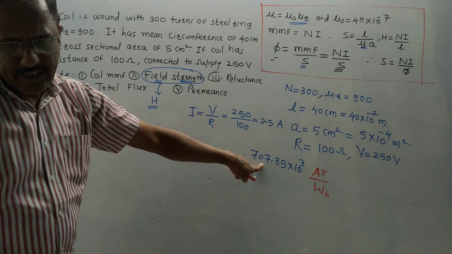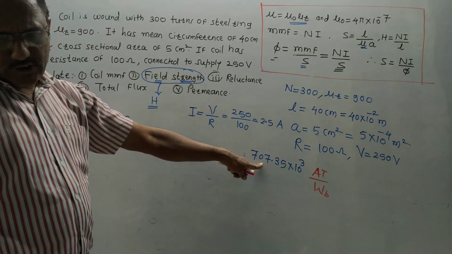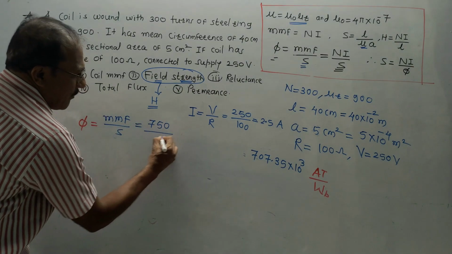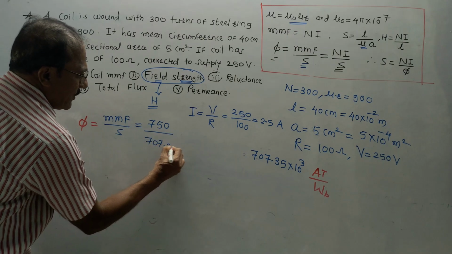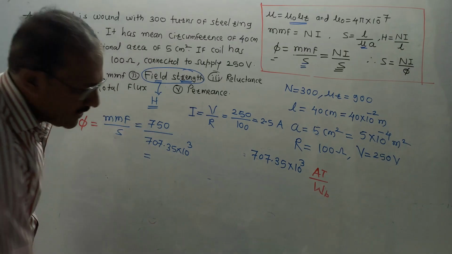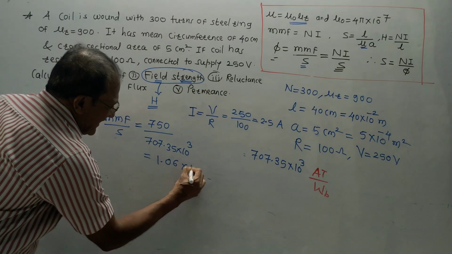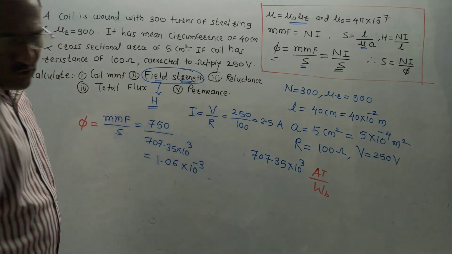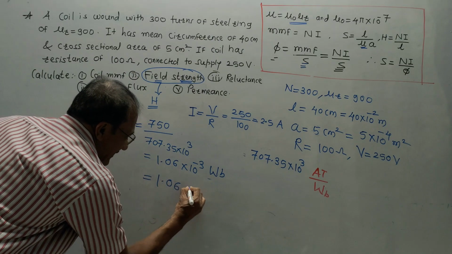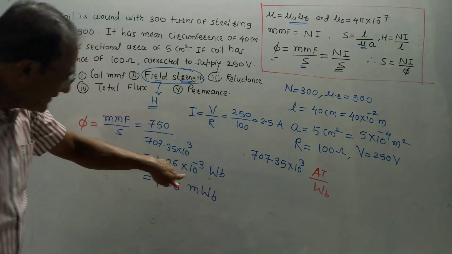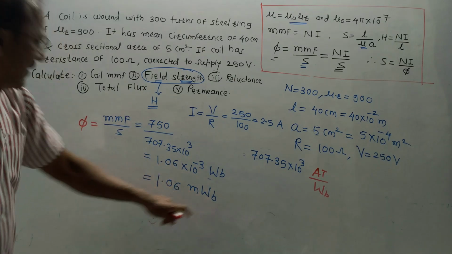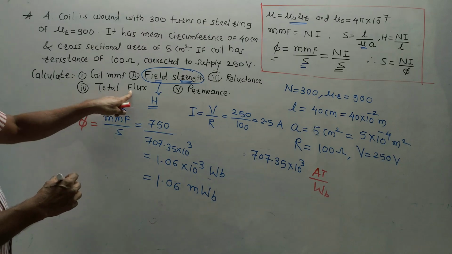You just have to put the value of MMF. MMF was 750 upon S, put the value 707.35 into 10 raised to 3. So the answer of flux is 1.06 into 10 raised to minus 3, and unit of flux is Webers. You can write this answer as 1.06 milliweber, because this quantity is multiplied with 10 raised to minus 3. So I have expressed it in terms of milliwebers. This is the calculation of total flux phi.